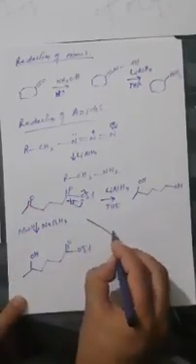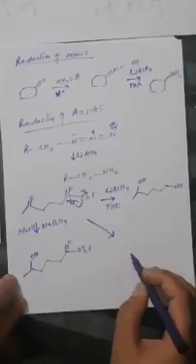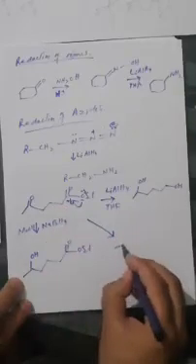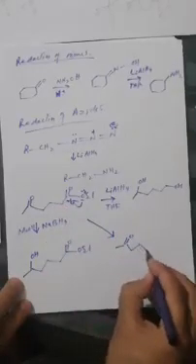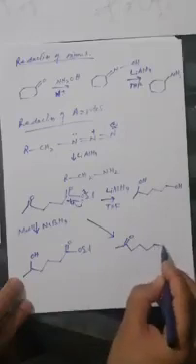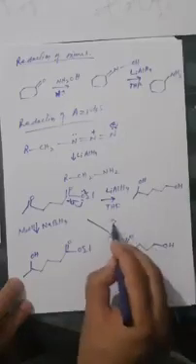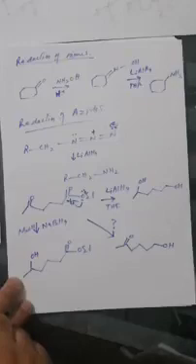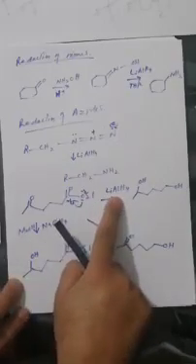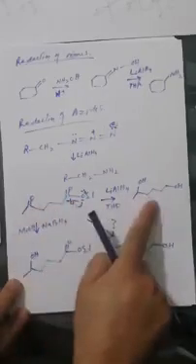Now the question is, how will we convert this compound into this one? Which reducing agent would be used? When you use lithium aluminium hydride, it would reduce both the functionalities.